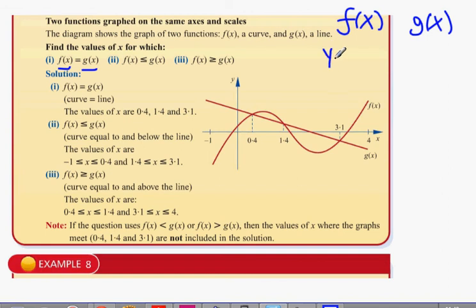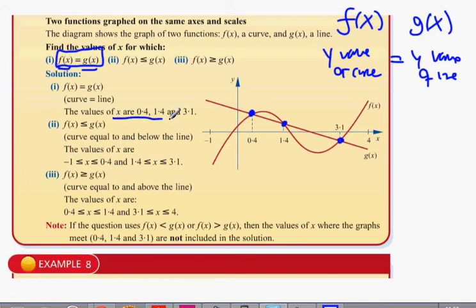This question technically reads y value of curve equals y value of line. Where are the points the same? They're the same here, here, and here. Do you see the way the equation is written in terms of x's? See the way it's x and x. That means the answer is also going to be in terms of x's. Do you got that?